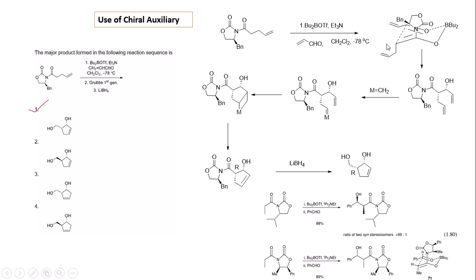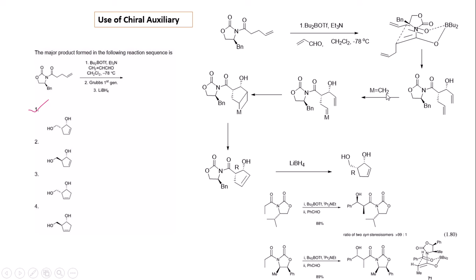Then the alkyl substituent is present in the below direction, and this hydroxyl group, after the addition, is also present in the below direction. So this alkyl substituent and this hydroxyl group are both present in the below direction.